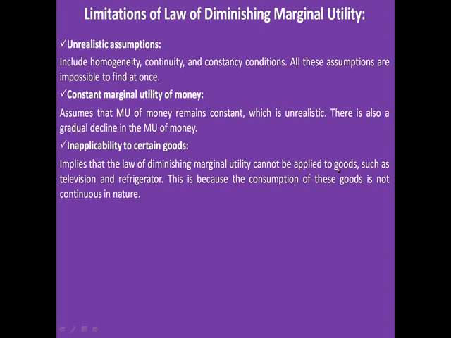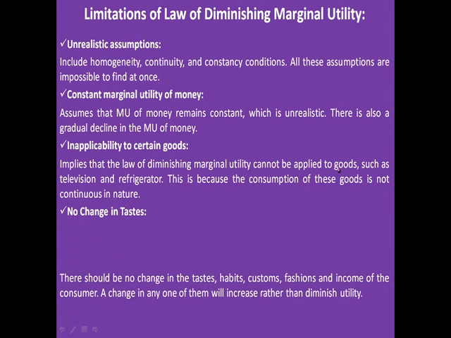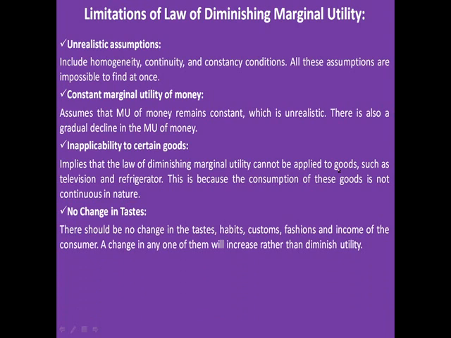As there is discontinuity in watching television or using a refrigerator, for such commodities this law is not applicable. No change in tastes is another assumption, so that is also a limitation of this law. There should be no change in the tastes, habits, customs, fashions, income of the consumer.